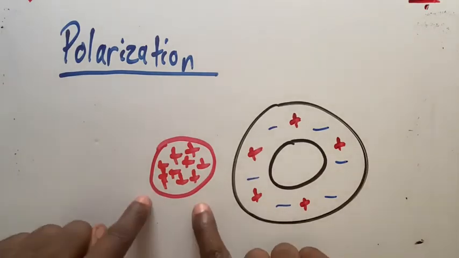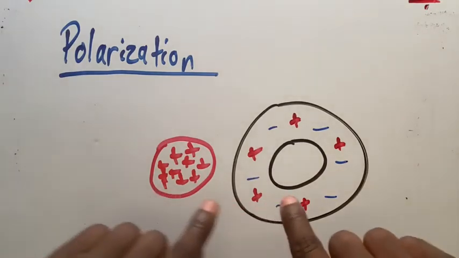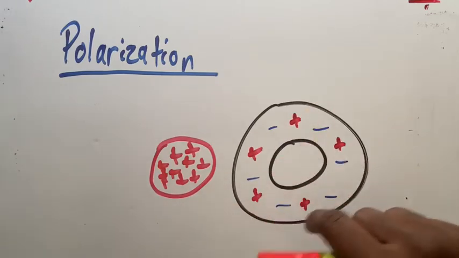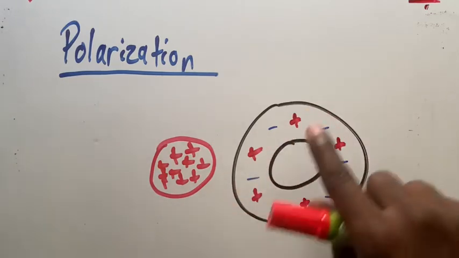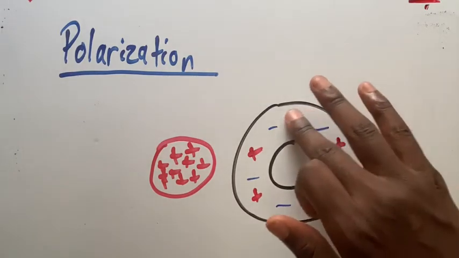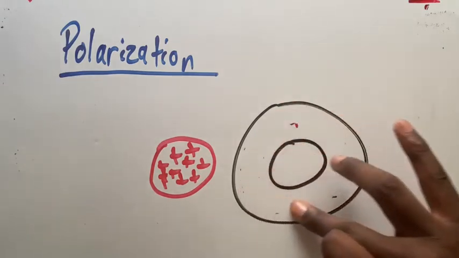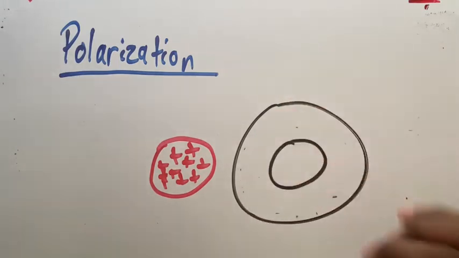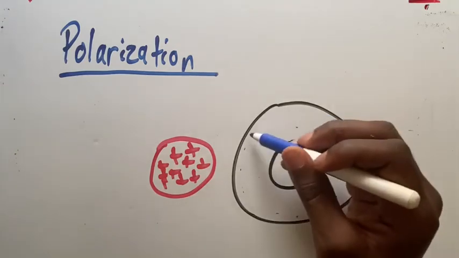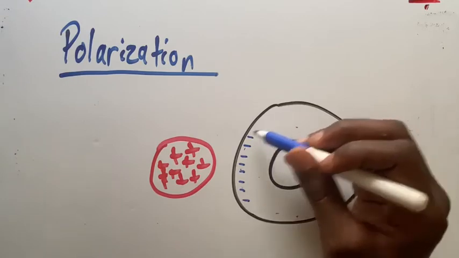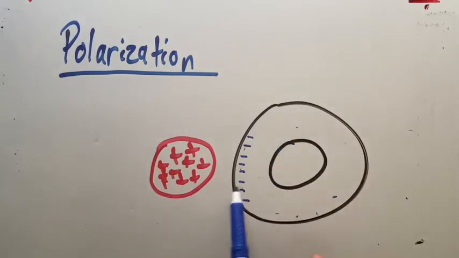Once I move this positively charged object near this conductor, what do you think is going to happen to the charges inside of this conductor? Well, since this is positive, it's going to pull the negatives closer to it, right? Because opposites attract.